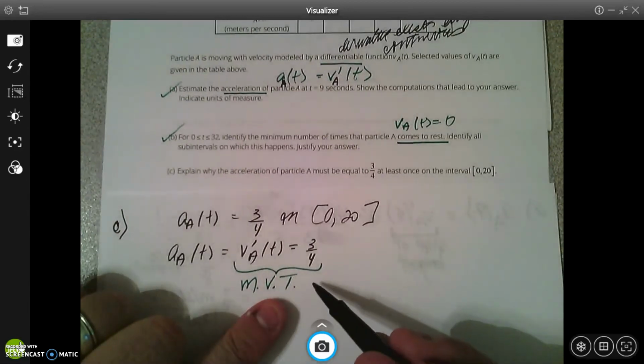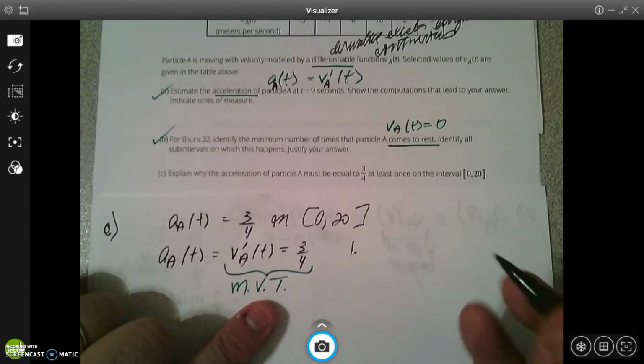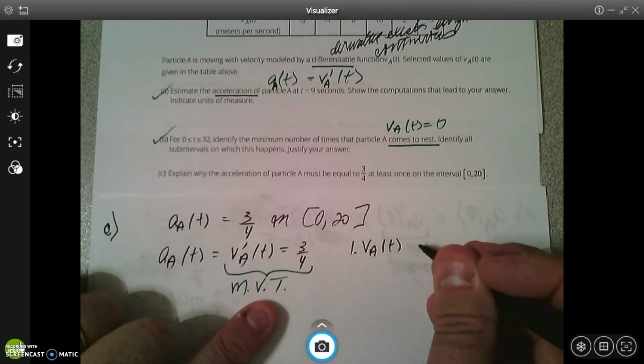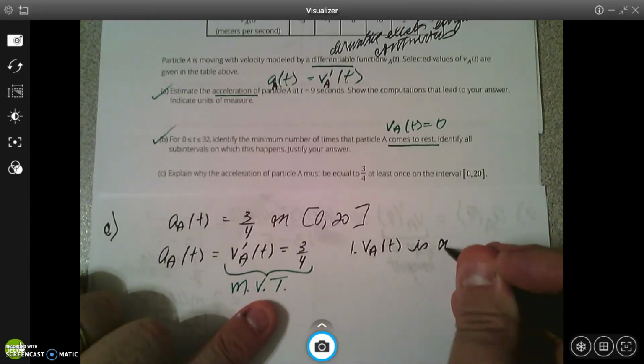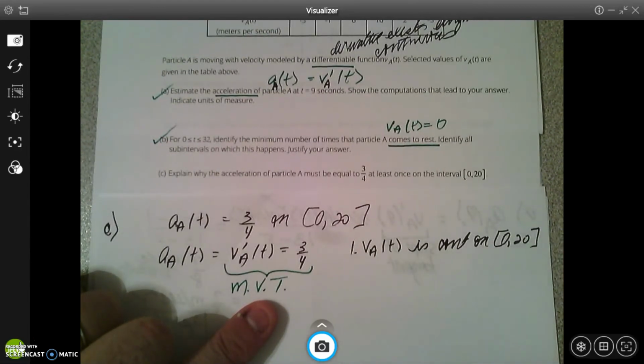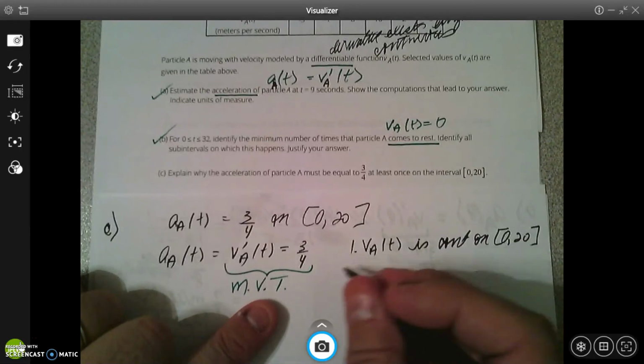In order to apply the mean value theorem, you need to tell me two things. Number one, the function v sub a of t has to be continuous. Well, we were told that in the beginning. It has to be continuous on the closed interval 0 to 20.